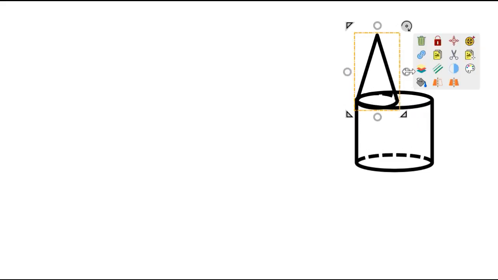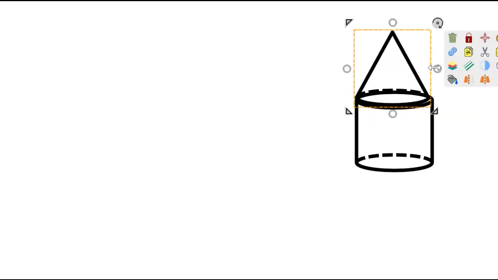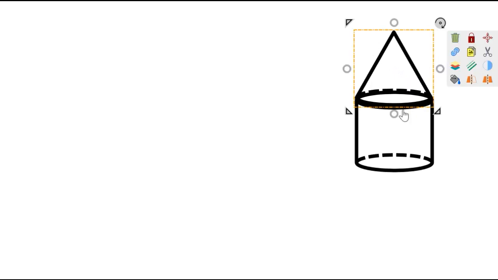So you have two figures over here. One which is a cylinder, another which is a cone. So you will draw a diagram like this. And what they are saying, the diameter of the base of the tent is 48 meter.